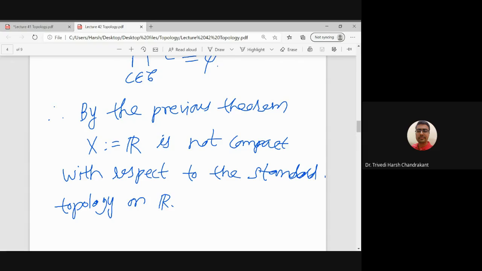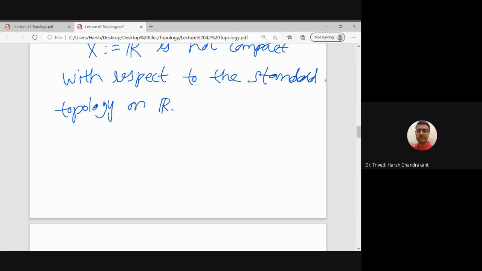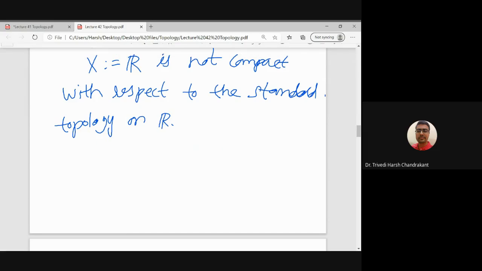Next I want to discuss a notion relevant to compactness, known as sequential compact spaces. Let us see the definition of sequential compactness.